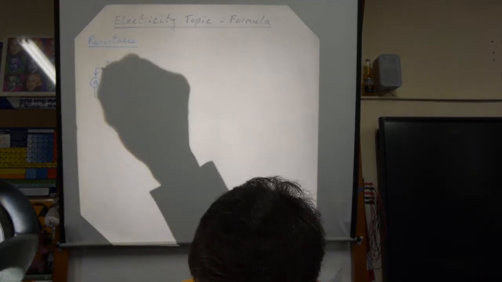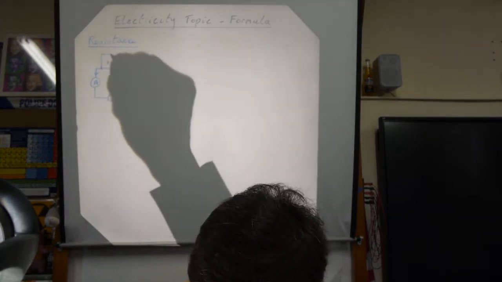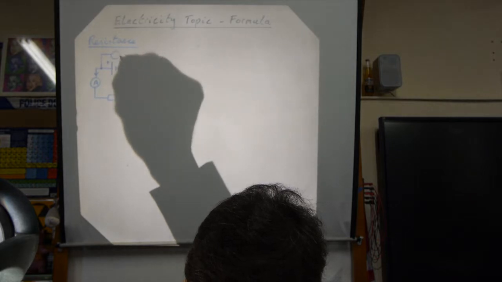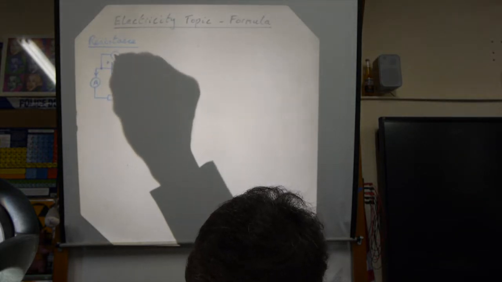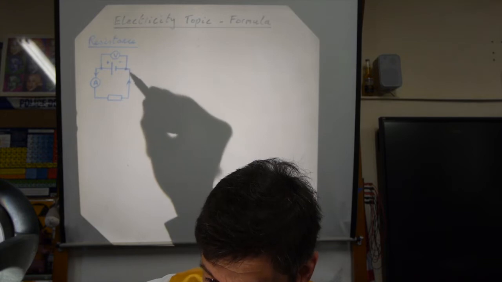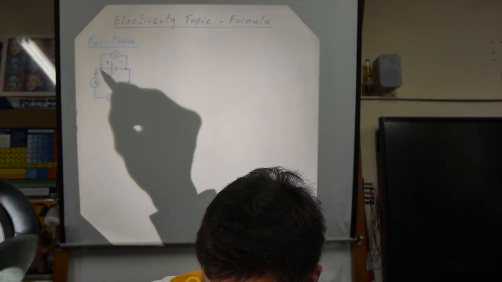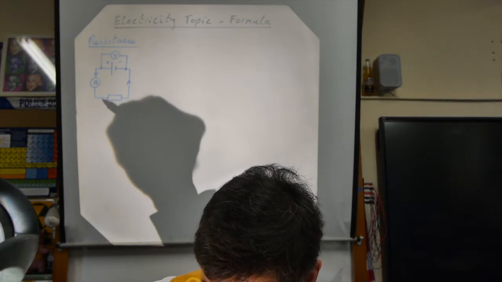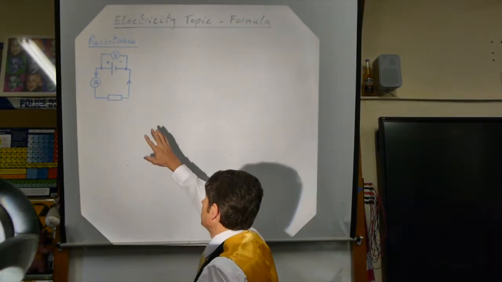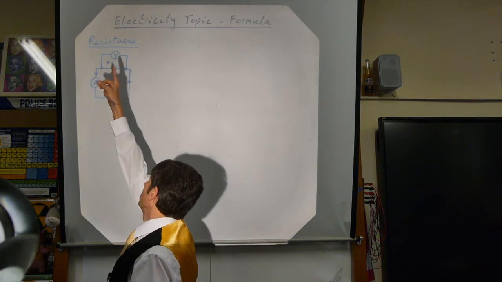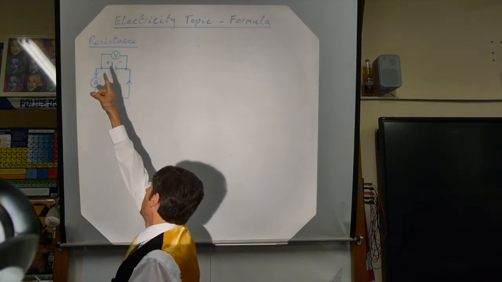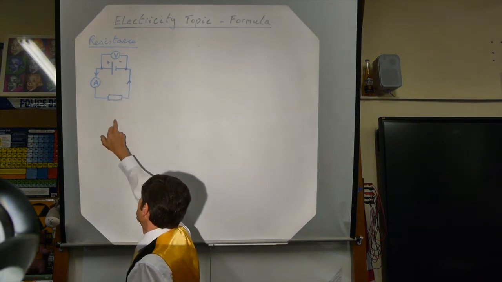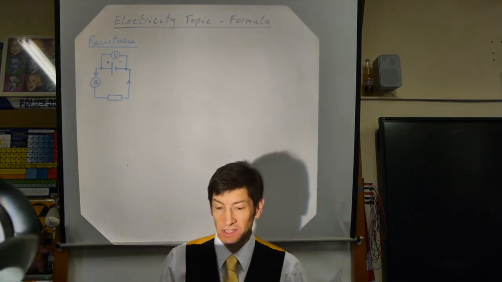So if I connect a voltmeter between here and here, that point there is the same as this one, and that point there, because the ammeter is just a wire, or behaves like a wire, is the same as that point. So in this case, the potential difference across the battery measured there is the same as the potential difference across the fixed resistor.